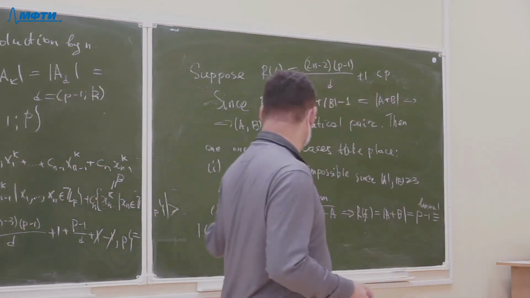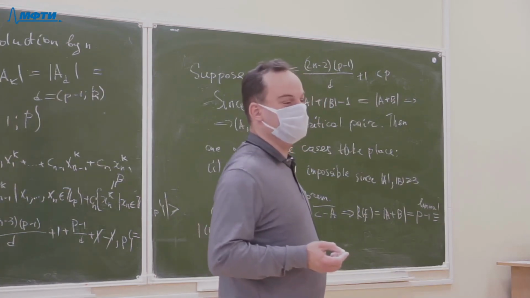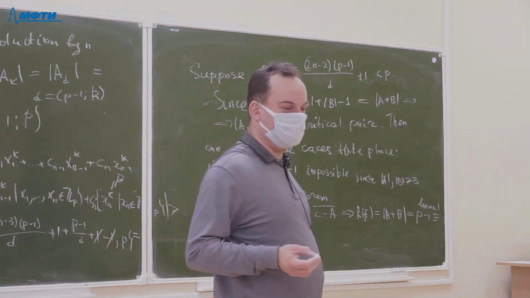But P minus 1 is not 1 modulo (P minus 1)/D. It's 0 modulo (P minus 1)/D.